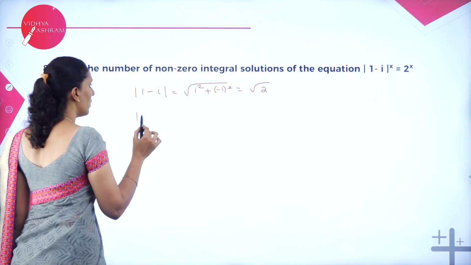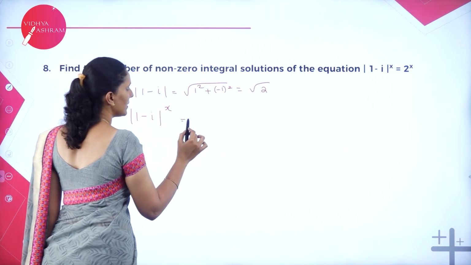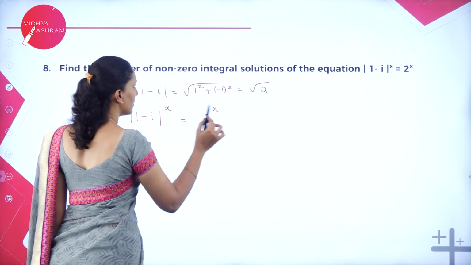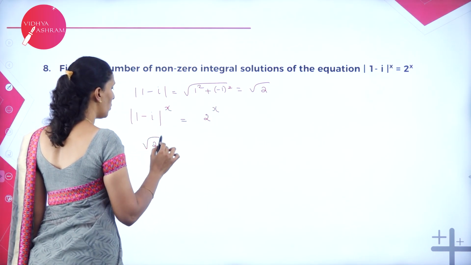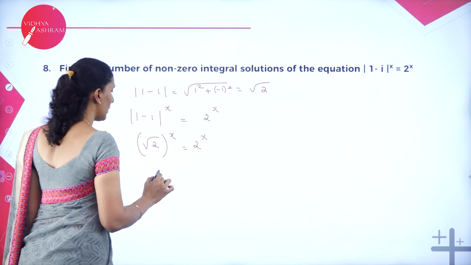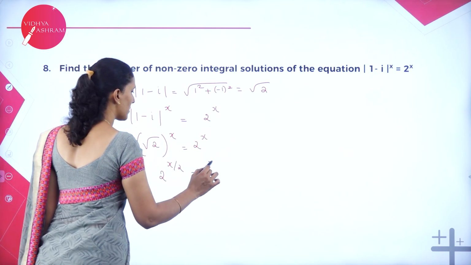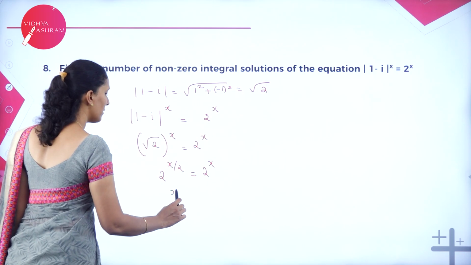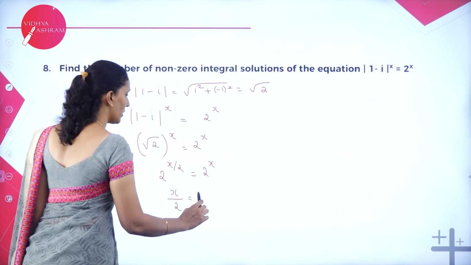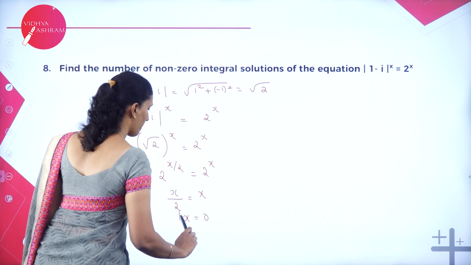Therefore, modulus of (1 minus i) to the power x is equal to 2 power x. So we get root 2 to the power x is equal to 2 power x. We get 2 to the power x by 2 is equal to 2 power x. Since the bases are the same, powers can be equated, so we get x is equal to 0.